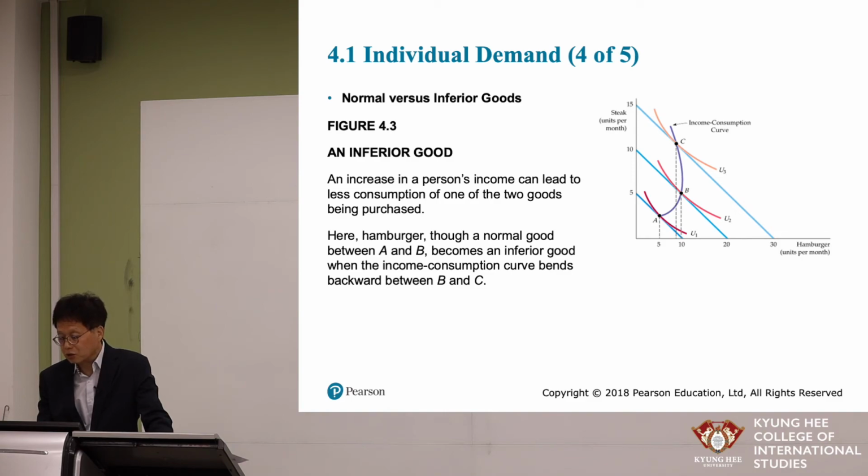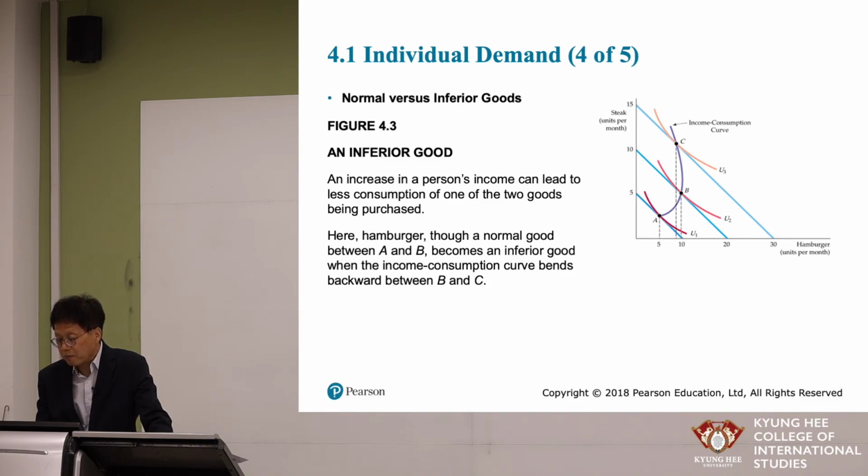Now think about when your income increases again, then you face a new budget constraint like this. The solution of utility maximization facing this budget constraint occurs at point C. At point C, what happened compared to point B? Consumption of hamburger decreased from here to here, right?